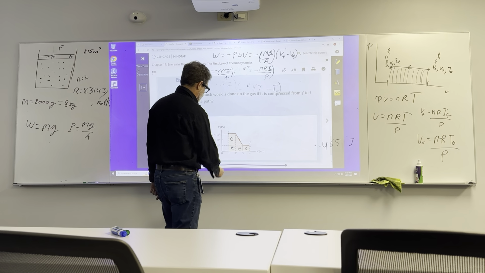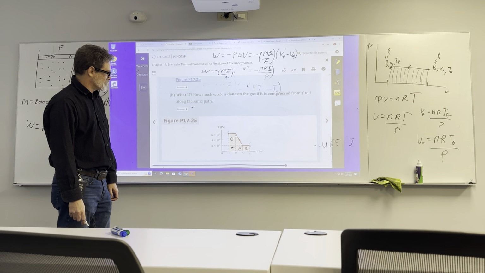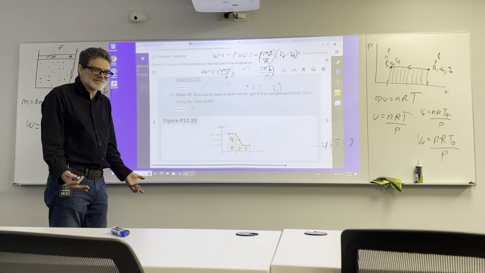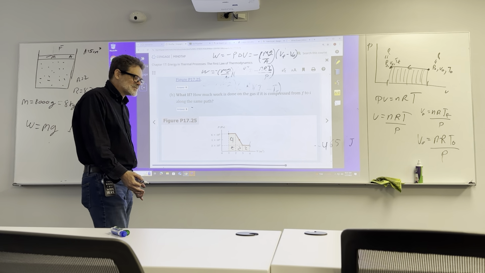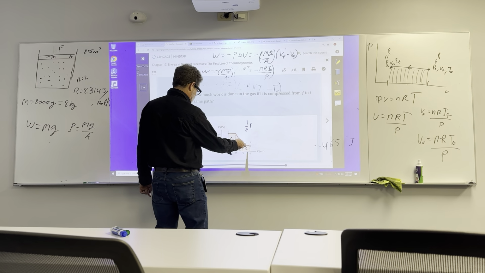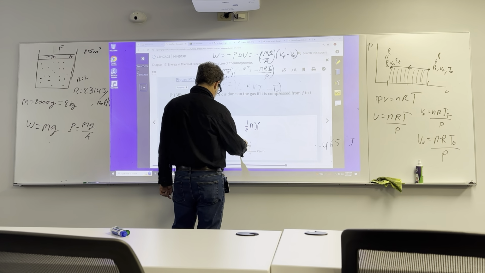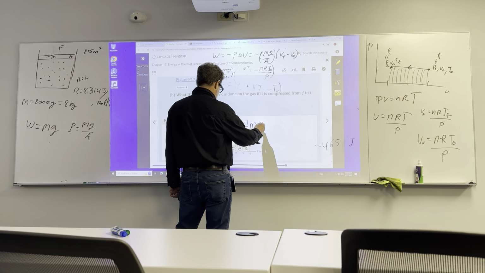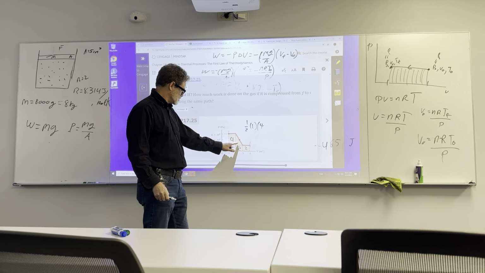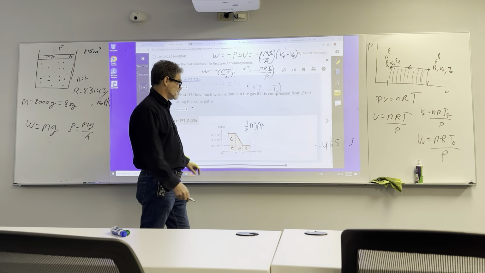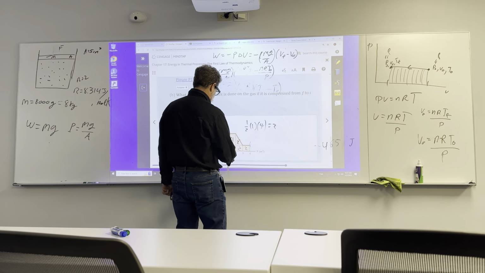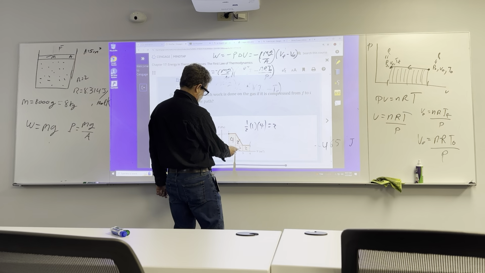What's this one? It's a triangle, half base times height. What's the base? 1. What's the height? 2 times 10 to the 6, from here to here, just that little triangle. Which gives me 2. So 4, 6, 8, 10, 12.